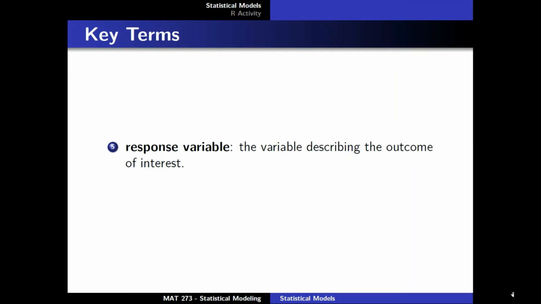And this is a binary response variable in that example. Back to the home example, where we were trying to estimate the selling price of a home based on characteristics. That's a quantitative response variable in that the selling price is quantitative and it's the variable of interest.